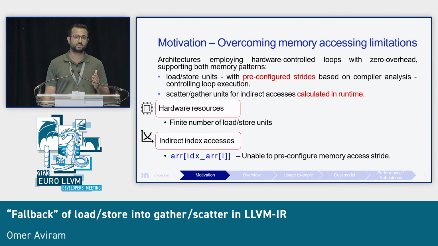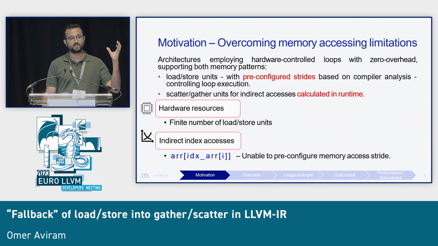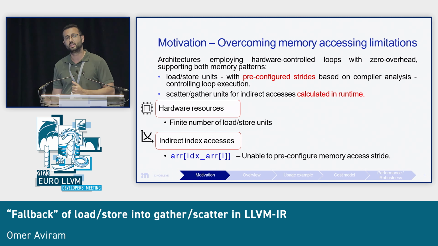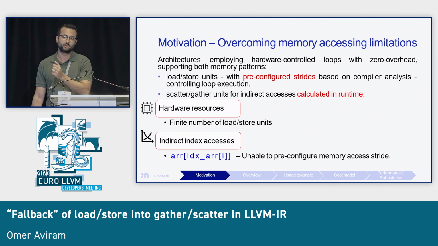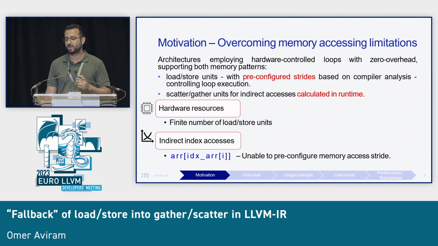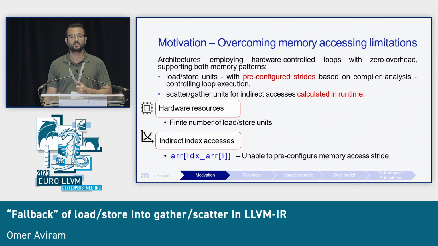As I mentioned, such architectures have limitations. For one, there is a finite number of load and store units. If a load unit is focusing on a certain memory access and its progression during the loop, this load unit is taken. Another challenge is indirect index accesses.